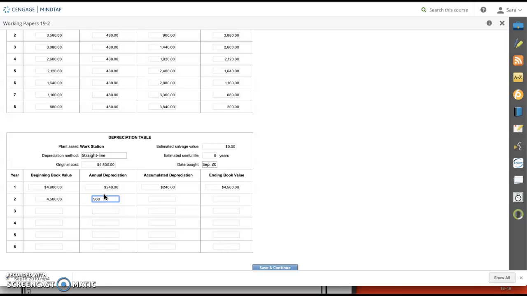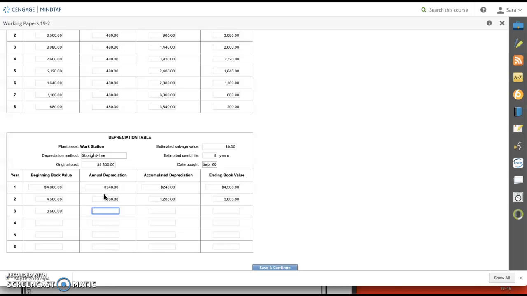Then, like I said, I already stuck in that 960 just so I didn't forget what it was. So we'll take 240 plus 960 equals 1,200. And then our ending value here is 3,600.